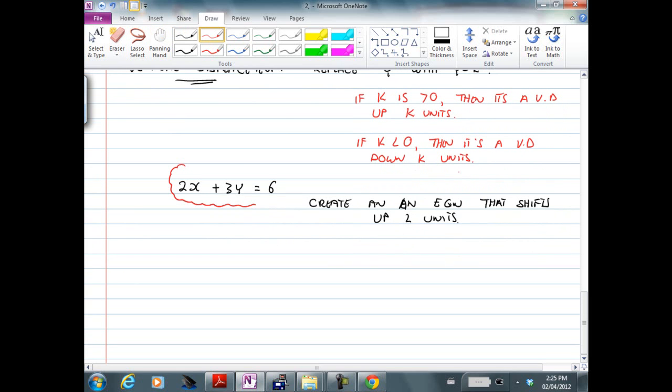Notice one thing: f of x is not there anymore. If f of x is not there, you're going to get yourself into a lot of trouble.